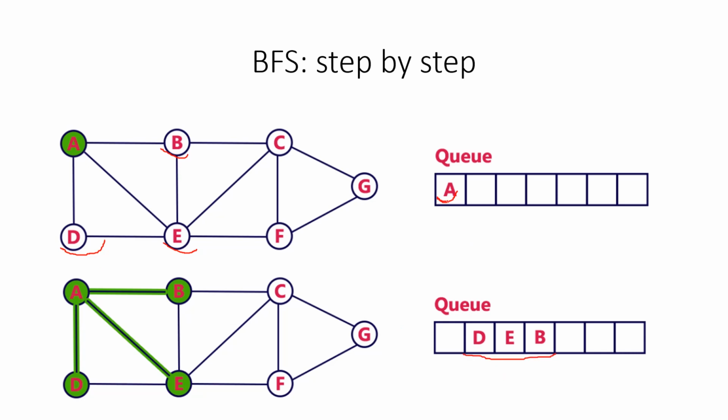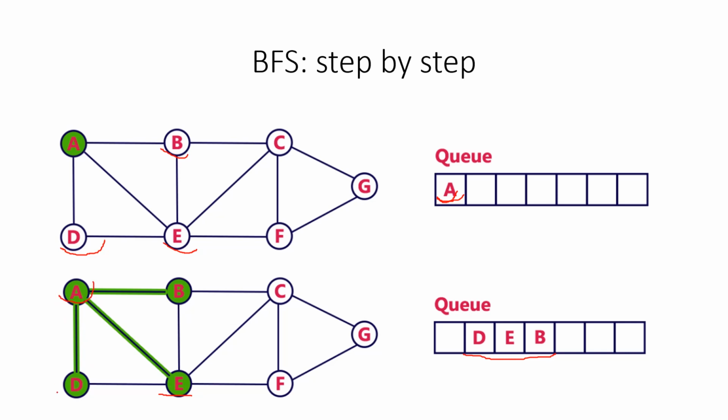We remove A from our queue. Then we take out D from our queue. But when we discover the adjacent elements of D, we see that E is already in our queue, and A we have already discovered.